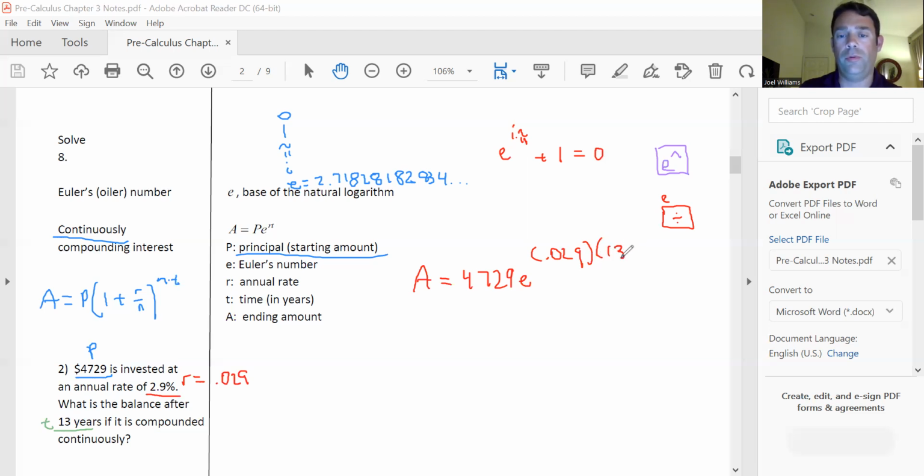We're literally going to plug that into our calculator and press enter. So A would be about 6894. So after 13 years at 2.9%, if you were to figure out how much money you would actually have, it would be 6894.429479.